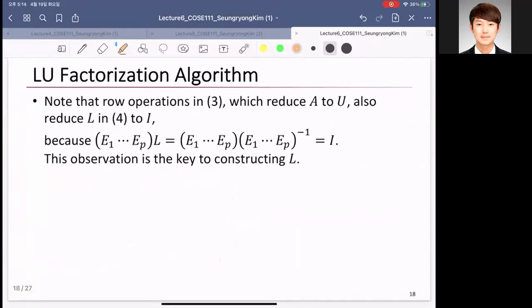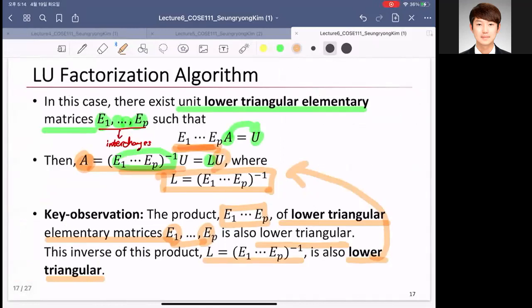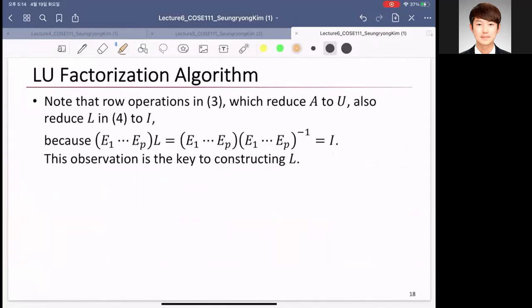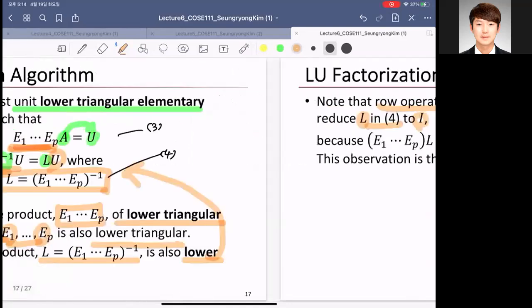Then here, let's suppose that this is equation 3 and this is equation 4. Then the row operation in 3, which reduces A to the U, also reduces L in 4 to the I. Here, 그렇죠?